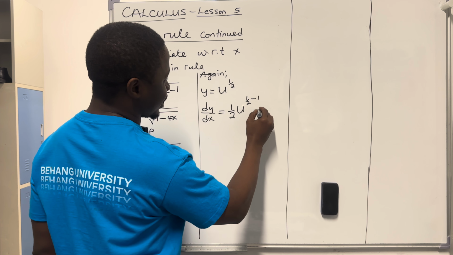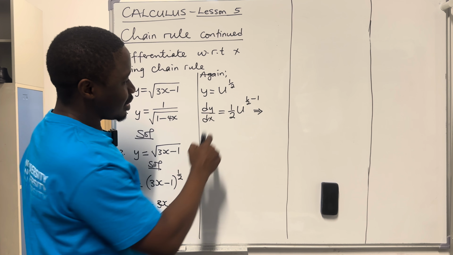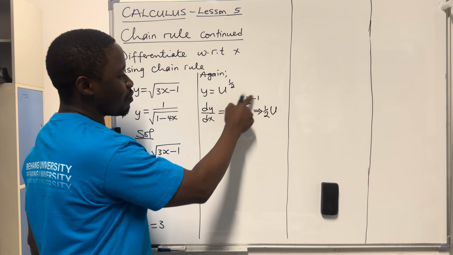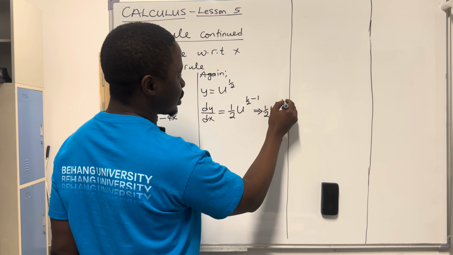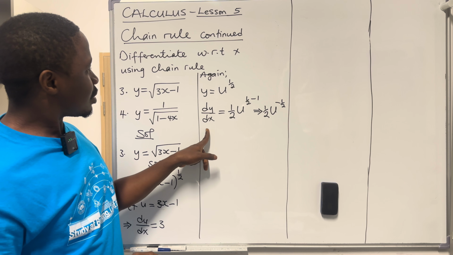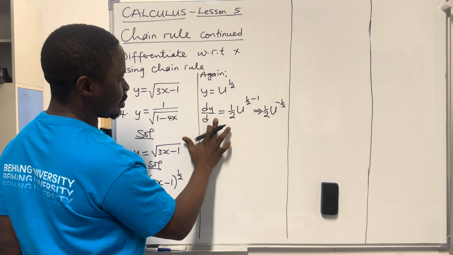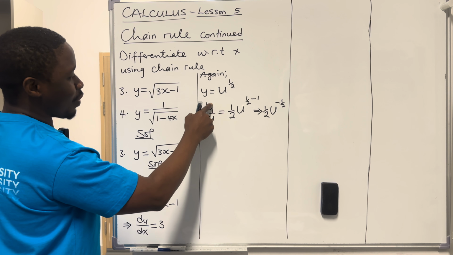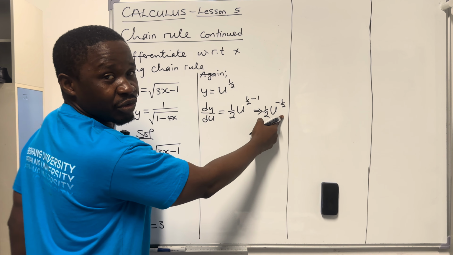This can further be simplified as half u to the power half minus 1, which is minus half. Okay, so dy du, because it is y against u, is now this.